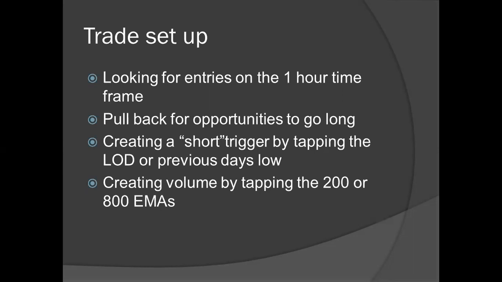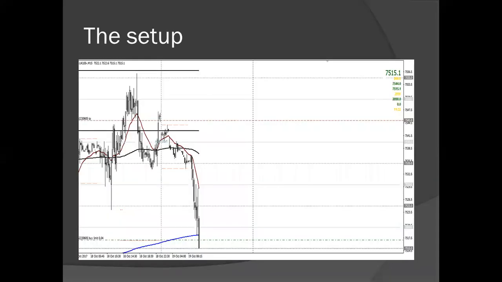Or if it's broken to the upside, then people will be looking for long opportunities. So that's a simple breakout strategy that sometimes does work, but in most cases the trend will not work because of the whipsaw involved.